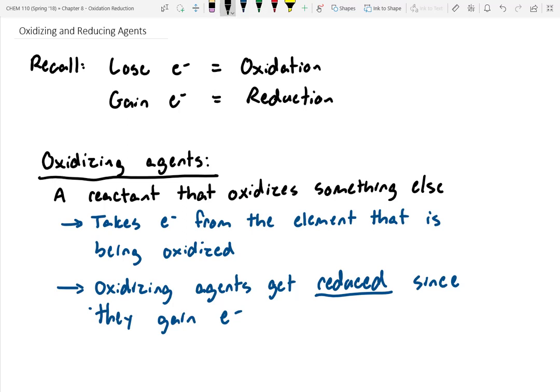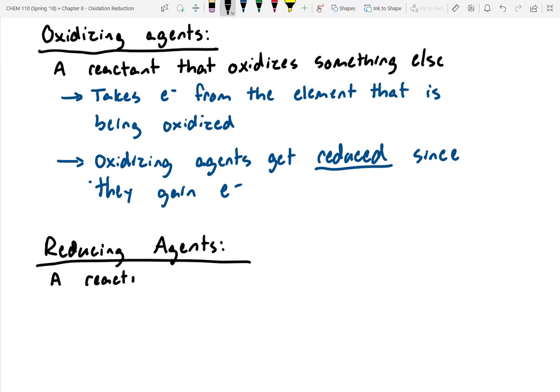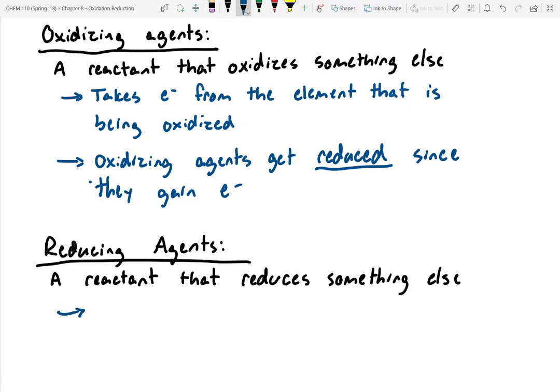All right, we can do the same thing with reducing agents. It is a reactant that reduces something else. And just like with oxidizing agents, if it's a reducing agent, it's not taking electrons, instead it's giving electrons.